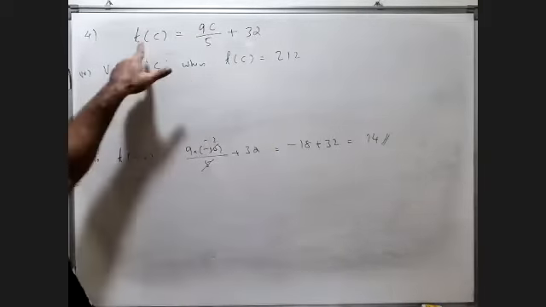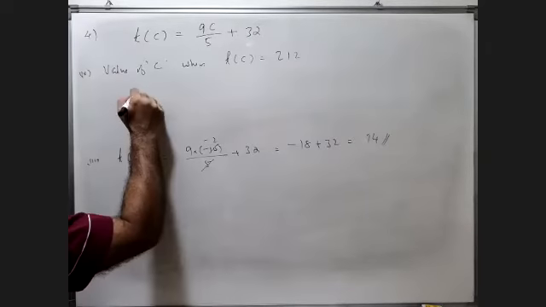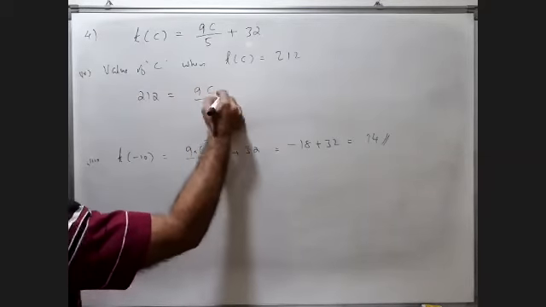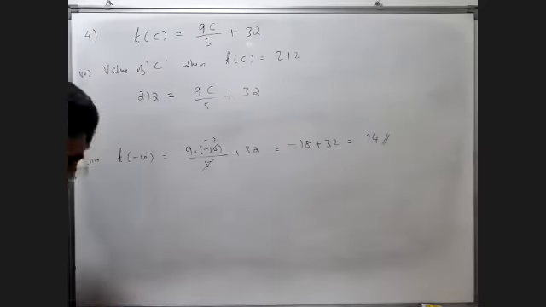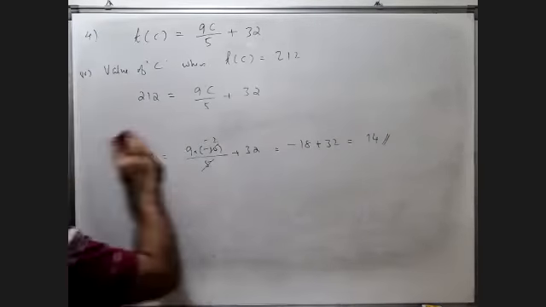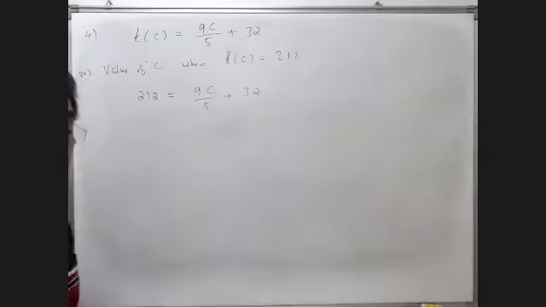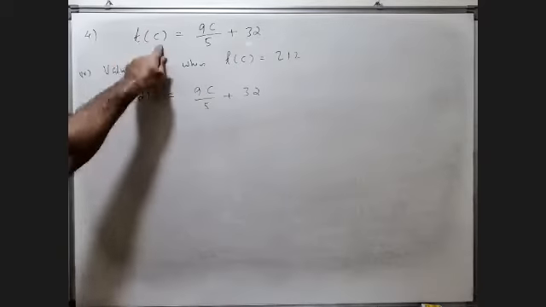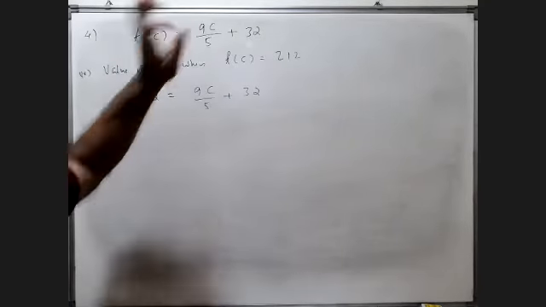Here T of C is given. That is T of C is 212, which is 9C by 5 plus 32. This is the question. Our aim is to find the value of C when T of C is 212. So when T of C is 212, what is the value of C?